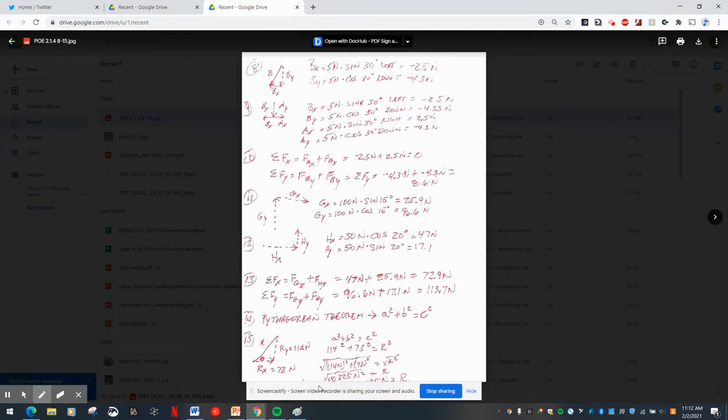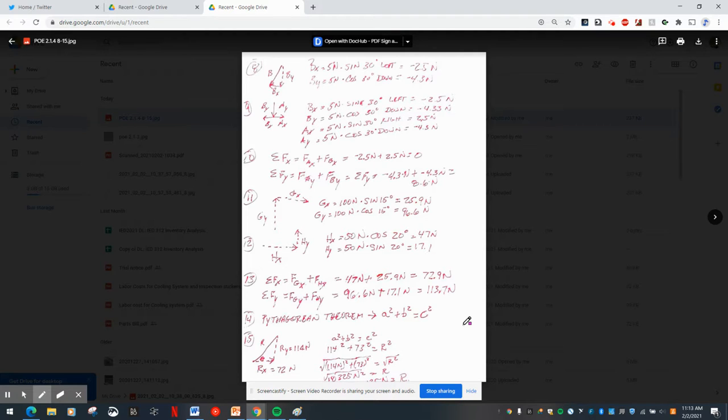And if we don't know what that is, we have our two forces. Now we know that the sum of the forces in the y direction is 114. Again, I rounded that up. And Rx is 72, or 73. Sorry, I rounded that up right here. Okay.